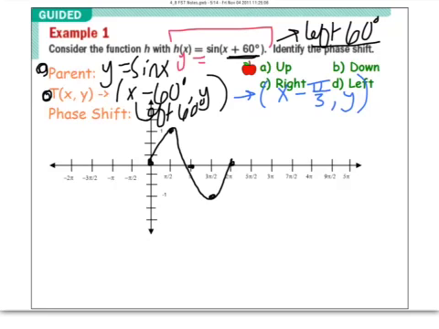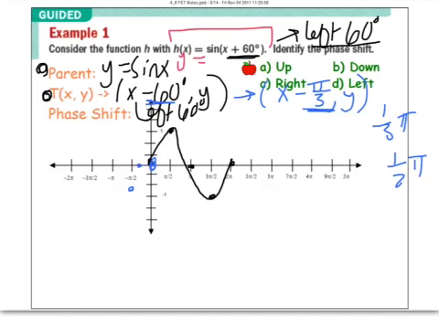Now all they want us to do is to take every ordered pair on here and move it back 60 degrees, or because I'm in radian mode on this graph, back pi over 3. Now 1/3 of a pi is smaller than 1/2 of a pi, which is right here. So I want to take this point right there and just move it back about 1/3 of a pi.